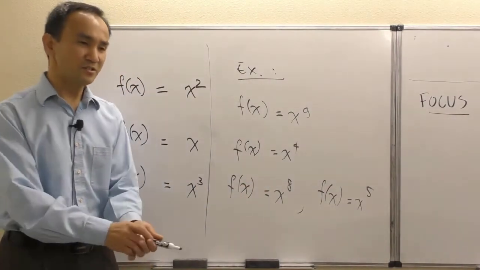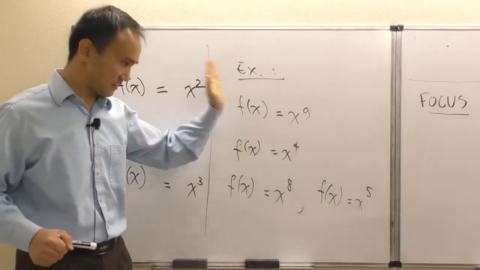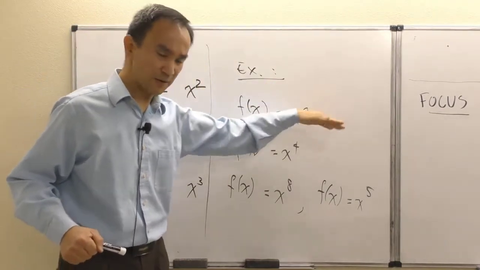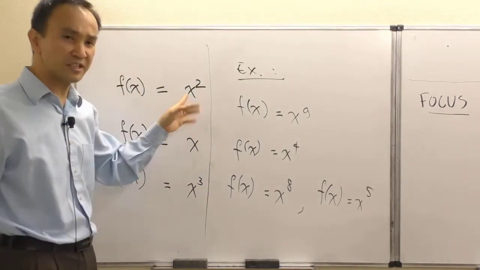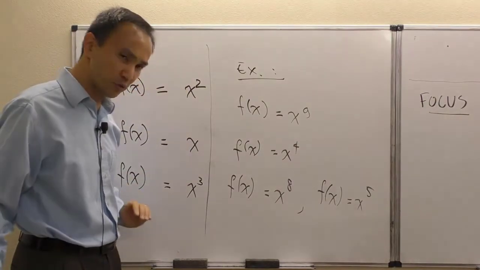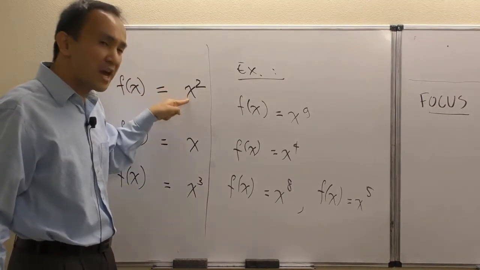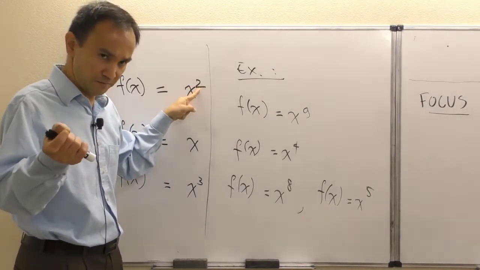All right, so now as far as this point, once we have these functions given to us, it just means it's a rule. This function is a rule, that function is a rule, that function is a rule. The rule says we raise whatever inputs to the power given.